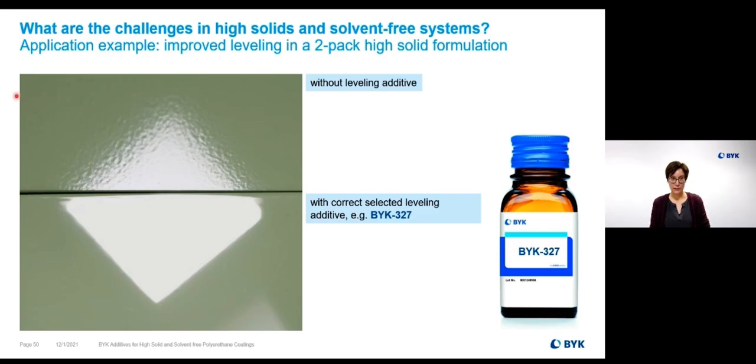Two panels. Above the panel is a control, so without leveling additive. And below we have the right leveling additive, a correctly selected one, the BYK 327. And you see again here's a reflection of the light, and with using a correctly selected leveling additive, you have a much sharper light reflection as compared to the control where the leveling is not good.